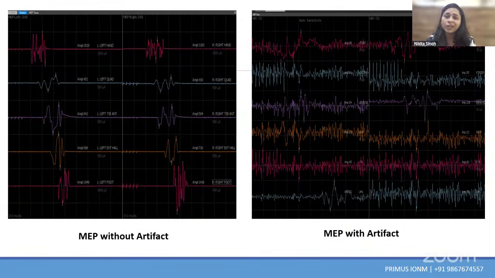It is very difficult to identify which one is the MEP response and which one is actually the artifact. This artifact is caused by the electrical supply, basically because of poor grounding. To avoid these artifacts, one has to rectify the grounding. Also there are a few leakages from other operating or electrical equipment which need to be grounded.